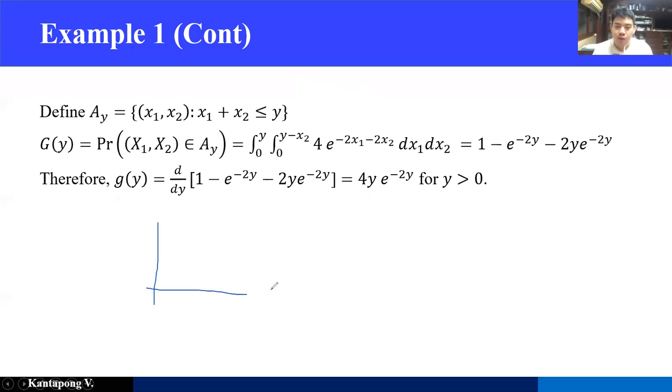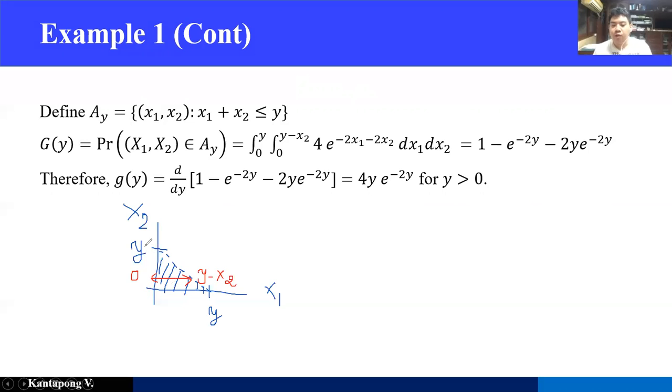Let's consider X1, X2, and X1 plus X2 is less than or equal to y. What does it mean? It means we mark y here, we mark y here, and then this is the area that we consider. If we want to integrate with respect to X1 first, then for each X2, X1 extends from 0 to y minus X2, that is when we span horizontally.